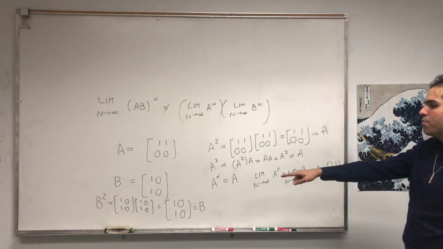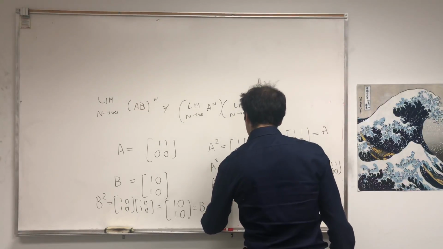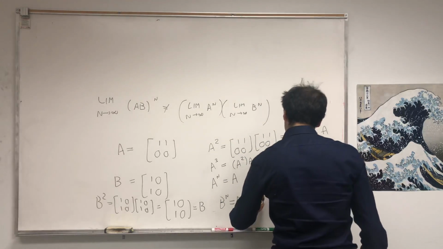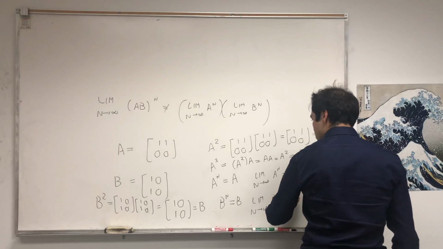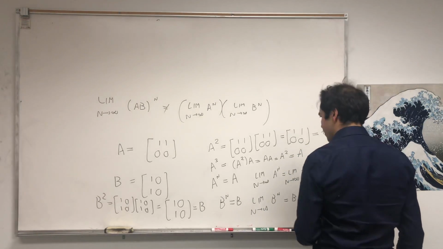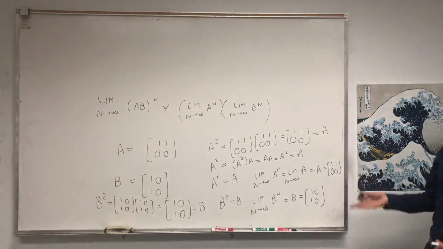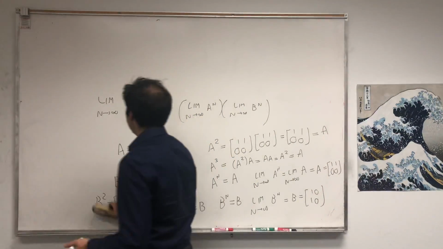B squared is B, and in particular, B to the n is B. So the limit as n goes to infinity of B to the n is B, which is 1, 0, 1, 0. Okay, that's good.